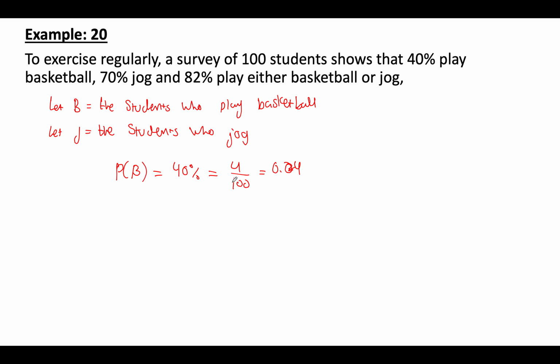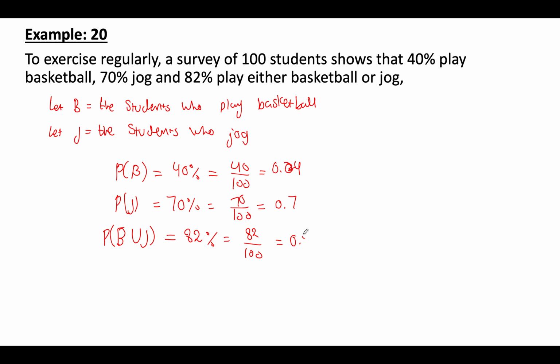The probability of students who jog is equal to 70%, which means 70 over 100, and this is equal to 0.7. Now, the probability of either playing basketball or jogging is equal to 82%, which is 82 over 100, and we got it as 0.82.